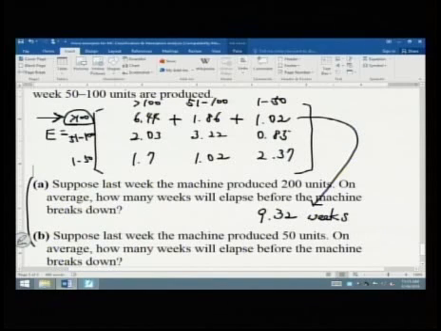Then how do you answer the second question? Suppose last week the machine produced 50 units. On average, how many weeks will elapse before the machine breaks down? So this time we need to look at the bottom row, right? Same way, just add up these three numbers, then it's going to give you the answer.